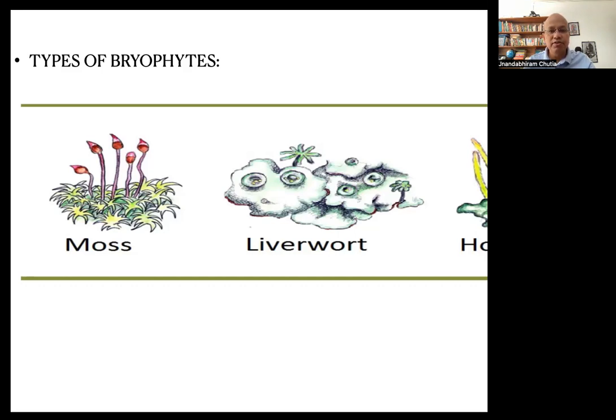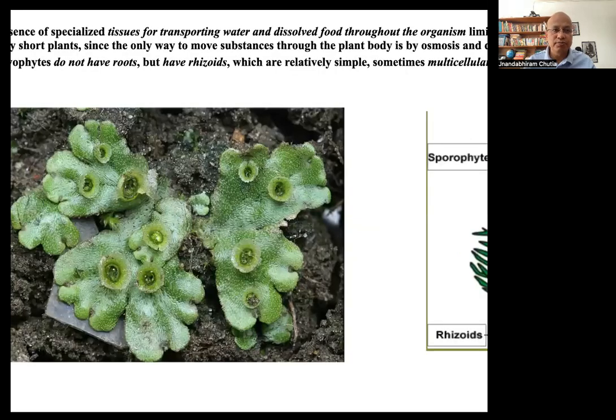So akin to the angiosperms, there are certain natures and characters which are observed in the bryophytes also, but whatever we observe in the bryophytes is very obscure, or rather very much in its initial stage of development. Basically, the bryophytes we define in three classes, that is the liverworts, moss, and the hornworts.